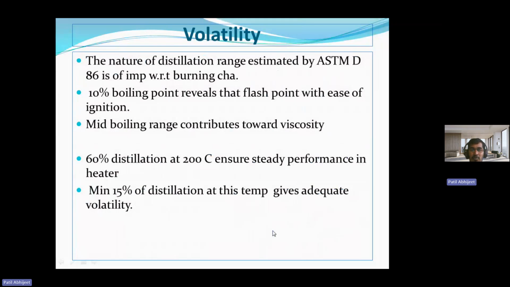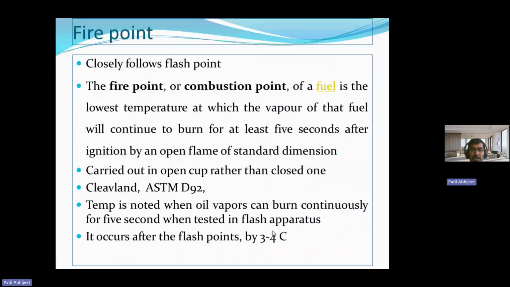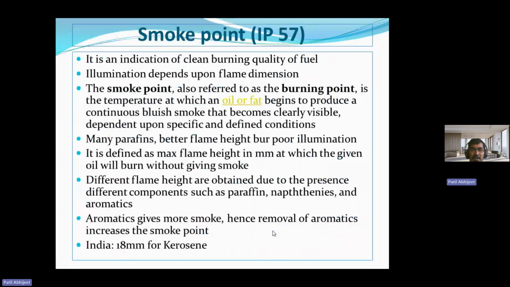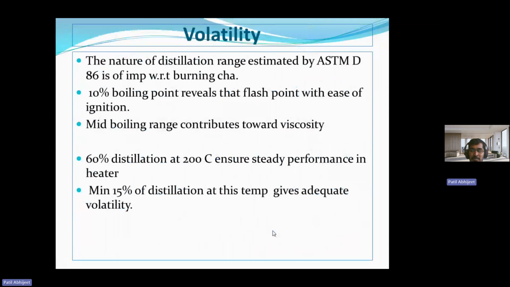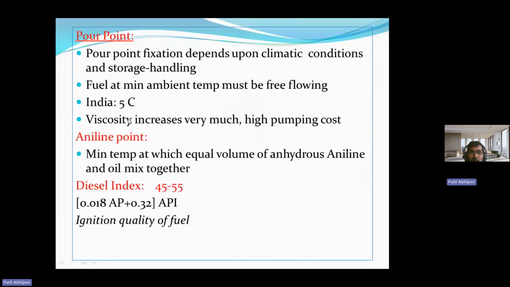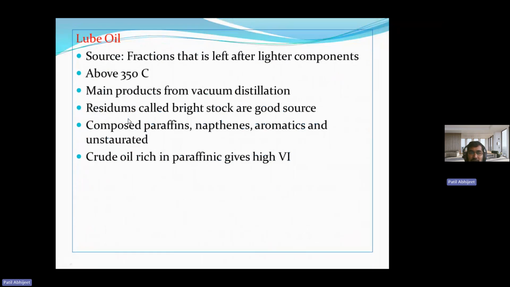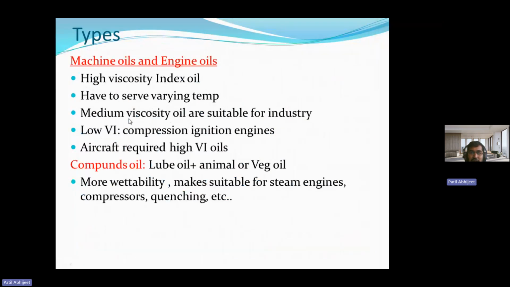I hope you have understood these properties: flash point, fire point, then the smoke point, and another was the volatility component, which plays a significant role. In the next class we will see some further important properties like burning quality, diesel fuel, pour point, aniline point, and viscosity.